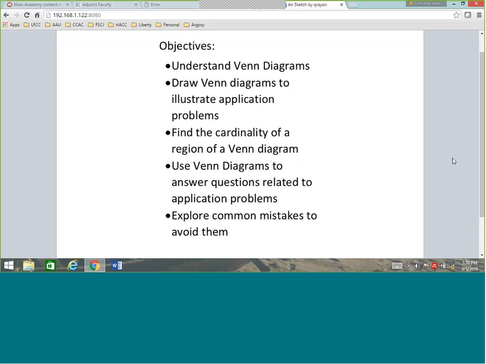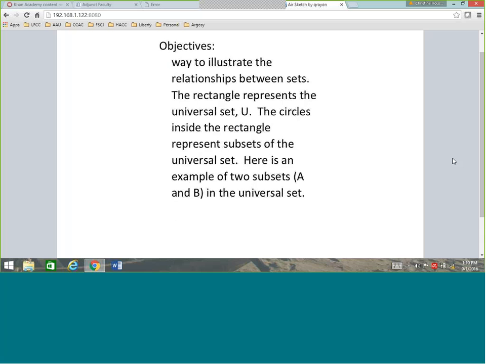We'll also look at something called the cardinality of a region of a Venn diagram, the notation for that and what it involves. Then we'll use the Venn diagrams to answer some questions about the word problem, and look at common mistakes so we can avoid them when working with Venn diagrams with surveys and word problems. I'll pause periodically and check the Q&A box and the chat box to see if there are any questions.